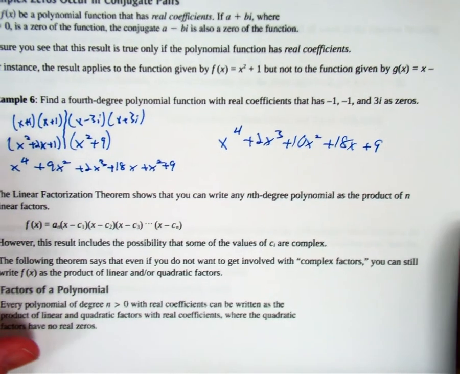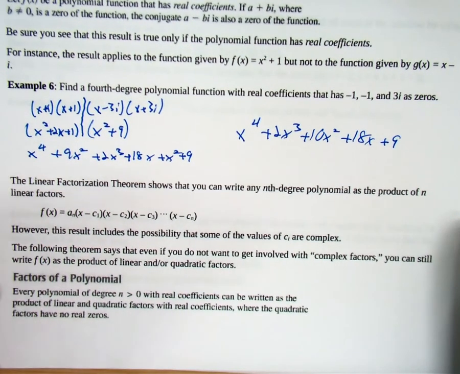The linear factorization theorem shows that you can write any nth degree polynomial as the product of n linear factors. However, this result includes the possibility that some values are going to be complex numbers.